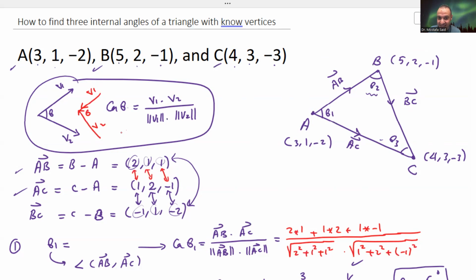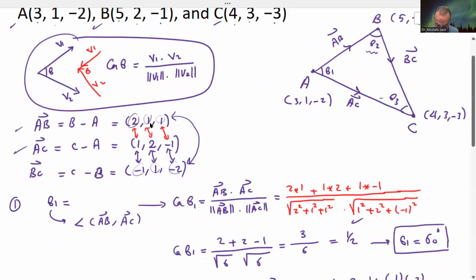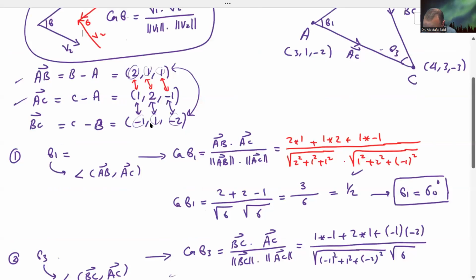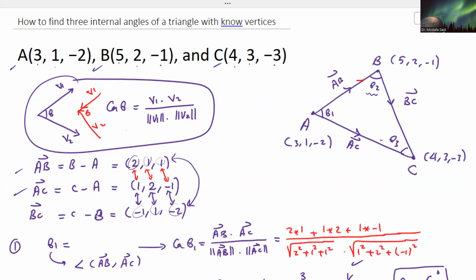You cannot apply it in the other case. So look, AB is going in that direction. So that's the head of AB, but this is the tail of BC. They should be either both going in the same direction, or both going in, or both going out. That's why it was wrong.